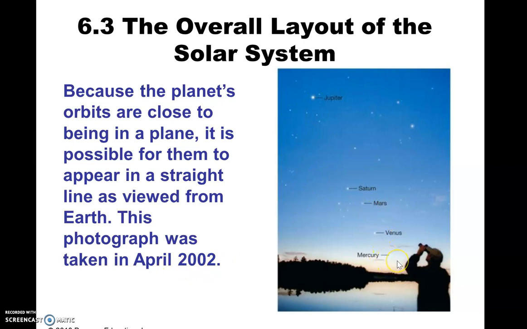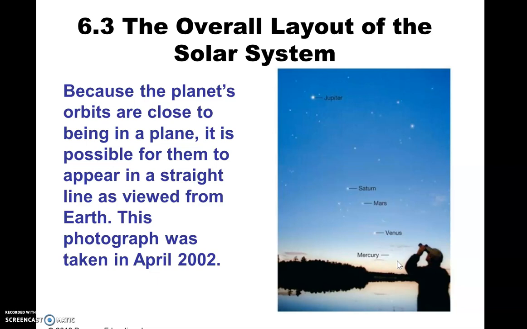Mercury, by the way, is kind of hard to see. I've been looking at the night sky for a very, very long time, and maybe 10 times in my life have I actually seen Mercury in the night sky, or in the morning sky.